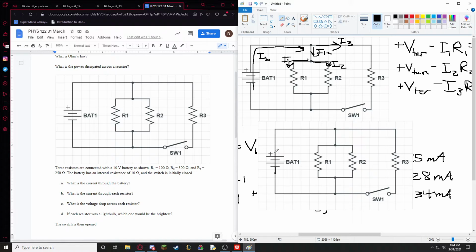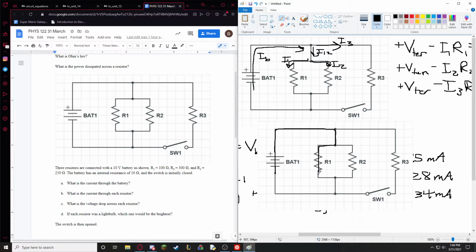We go through the battery. That's our plus V terminal. Then we go along here. For the first one, we go down and go through R1. The voltage across R1 is going to be a negative voltage. That's why we have the negative sign, because we're losing voltage. We gain it across the battery. We lose it across the resistor.